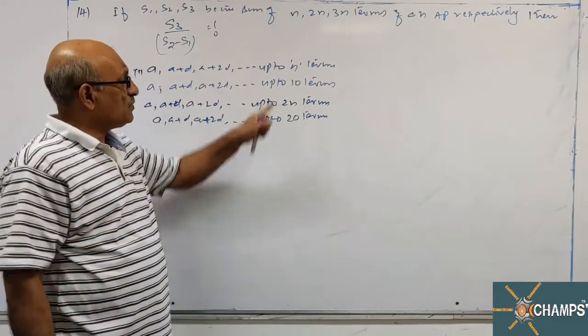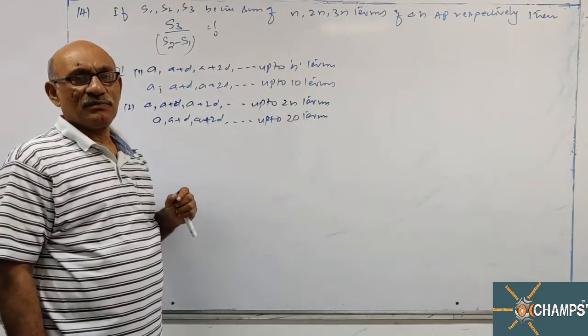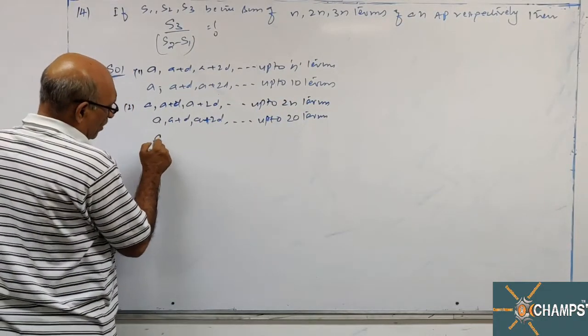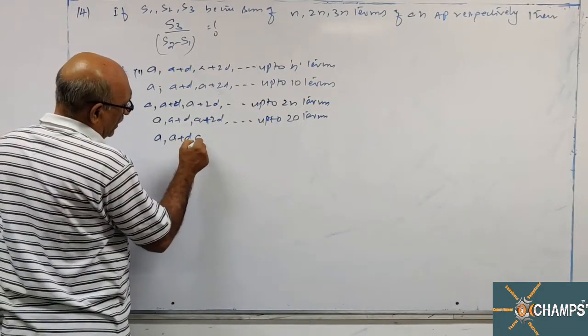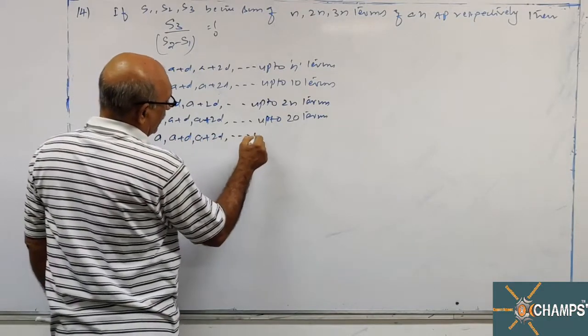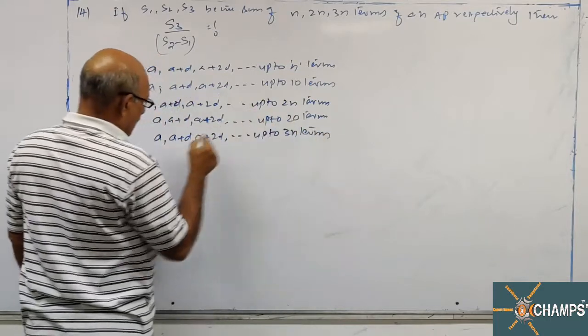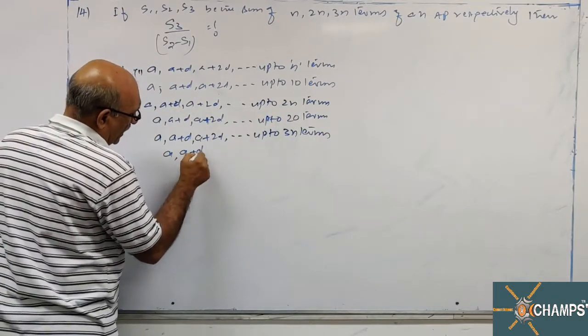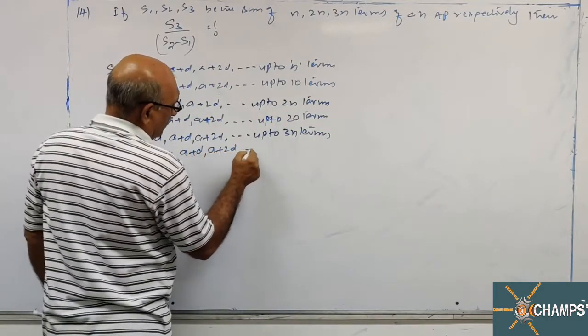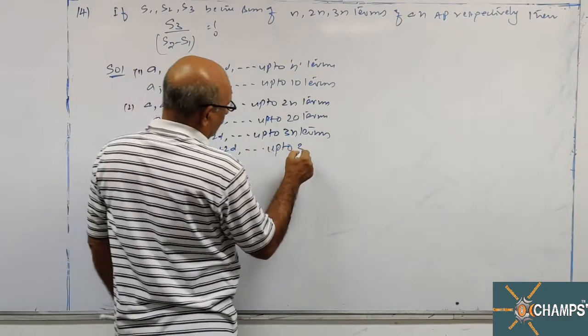So there is a difference between n terms and 2n terms. Similarly, third one is A plus D, A plus 2D, etc. up to 3n terms. So this is up to 30 terms.